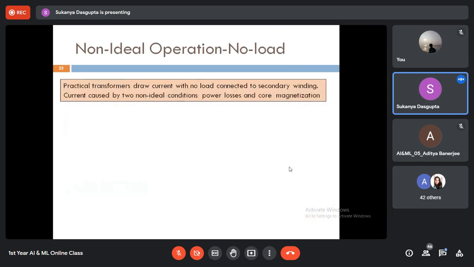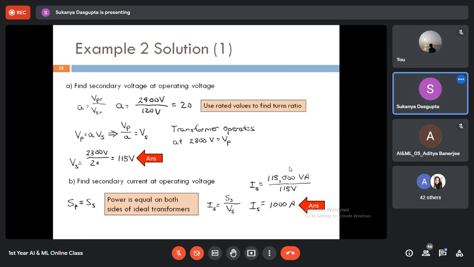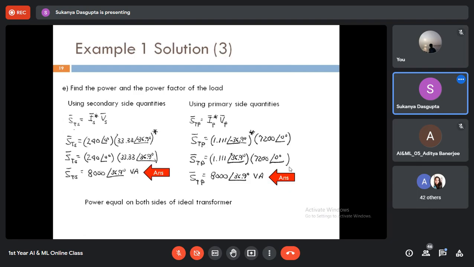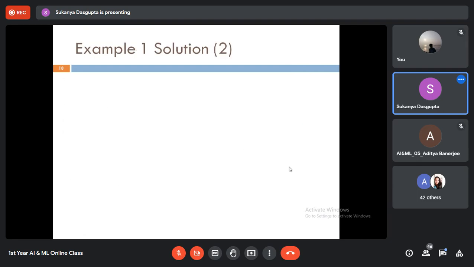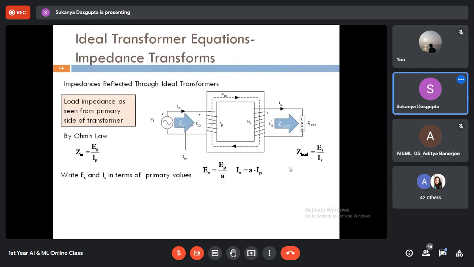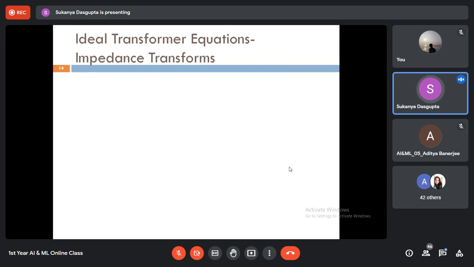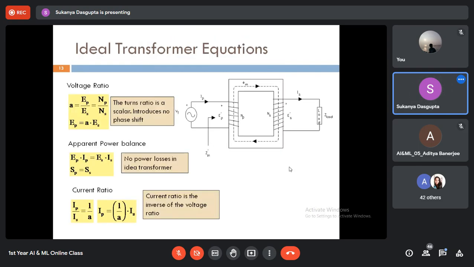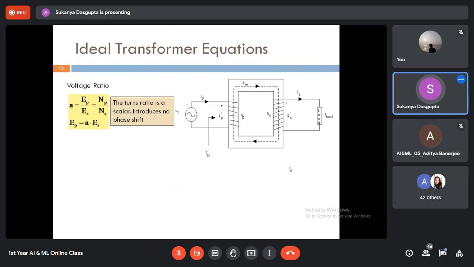Please wait. Otherwise, you will not understand the phasor diagram of the practical transformer under no load condition.